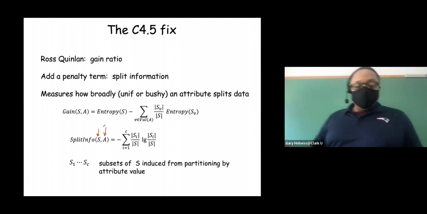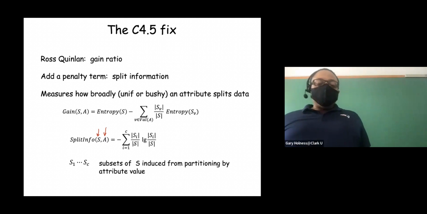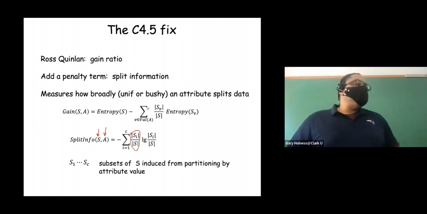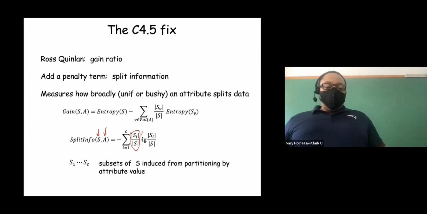Here, i indexes over each of the values that a variable can take on. This is the probability of a data point being that value, and this is the log of that probability. So P of x times log of P of x, that's exactly the entropy.